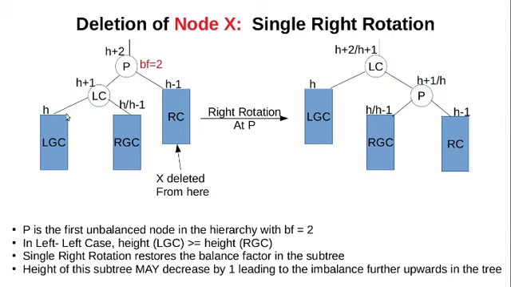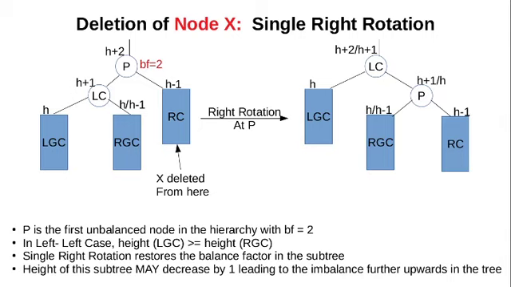And the height of RGC can be either h or h minus 1. The height of RGC cannot be less than h minus 1. Otherwise, a balance factor violation would be generated at LC, which is not the case here.